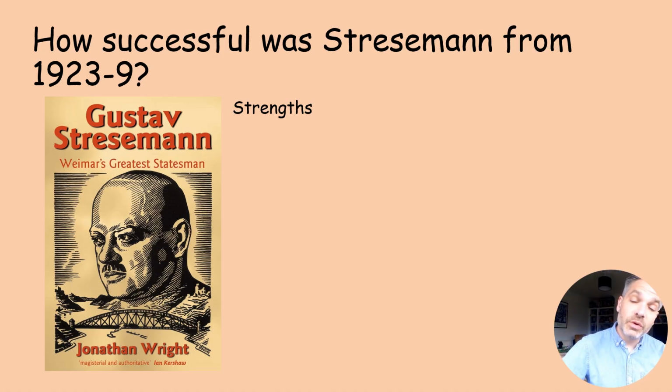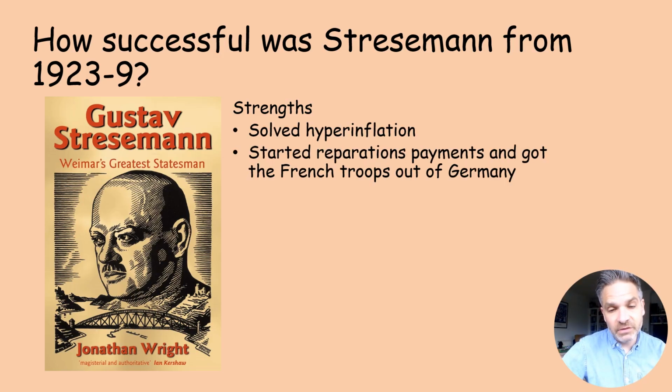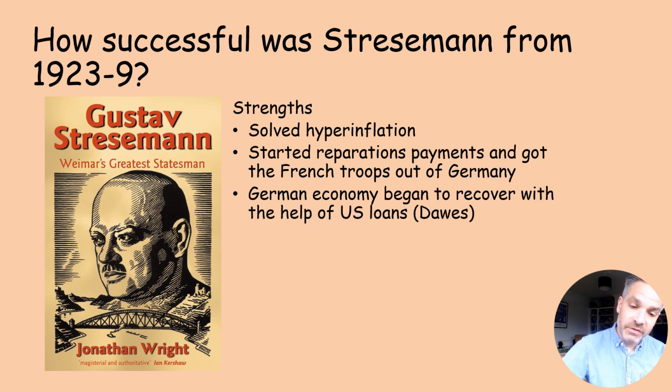Well, I'm just going to talk about some of the good things. He solves this problem of hyperinflation, introduces a new currency, prices are brought back under control. He begins to start the process of repayments to France and Belgium, so therefore the French leave the Ruhr, and that is a positive thing as well.